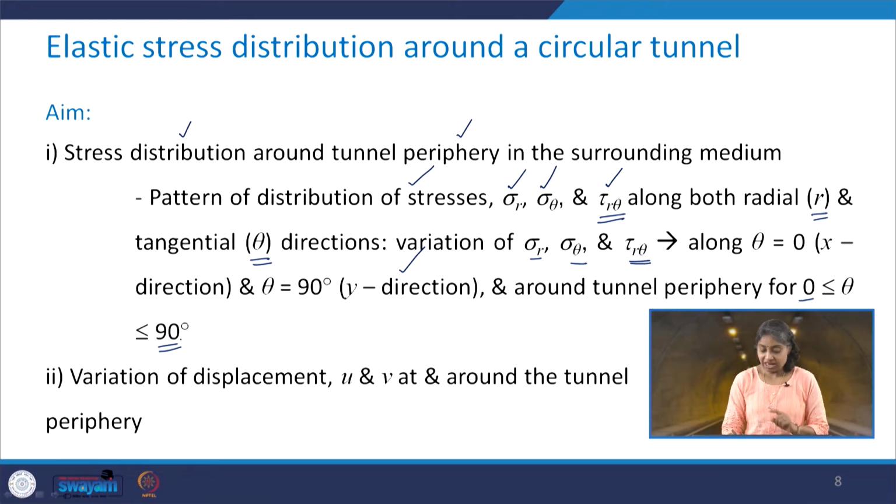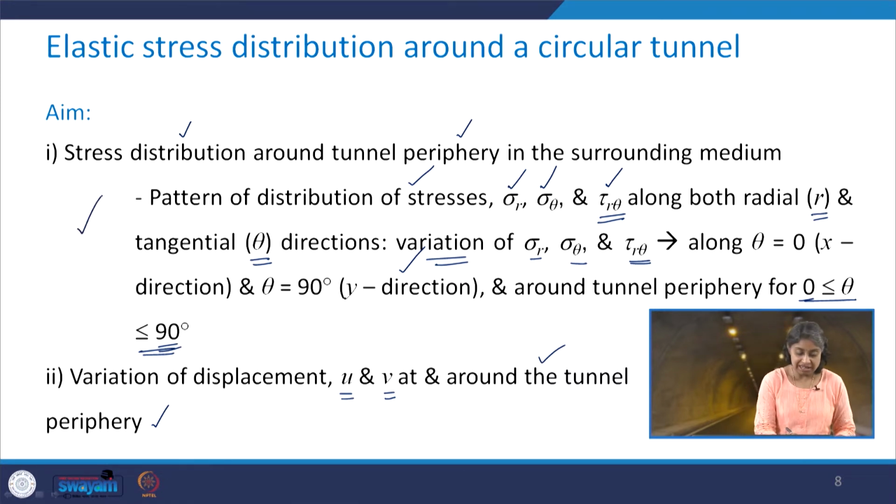That is why, when I say we are going to get the variation of stresses around the tunnel periphery, we are varying theta from 0 to 90 degree only rather than 0 to 360 degree. Then we have the variation of the displacements u and v around the tunnel periphery. This is going to be our aim of this elastic stress analysis.